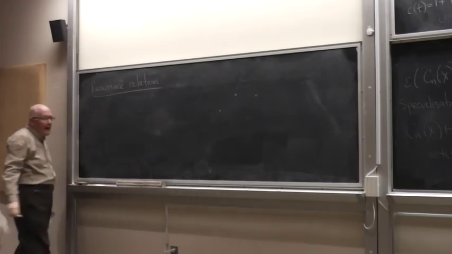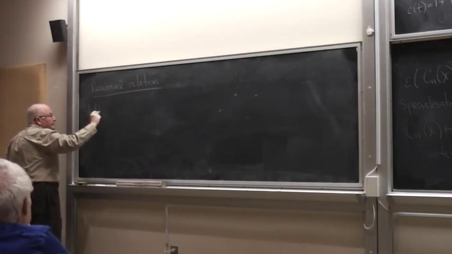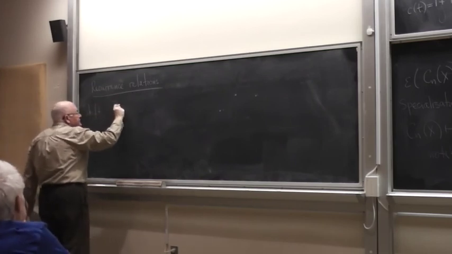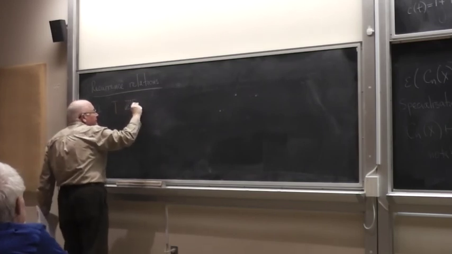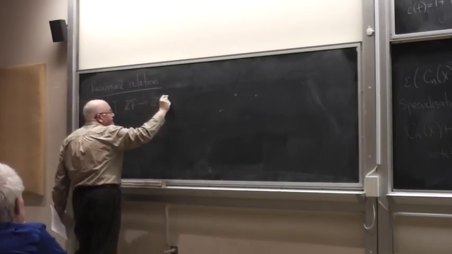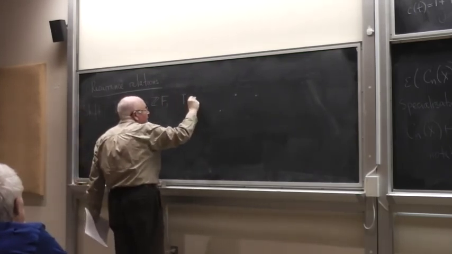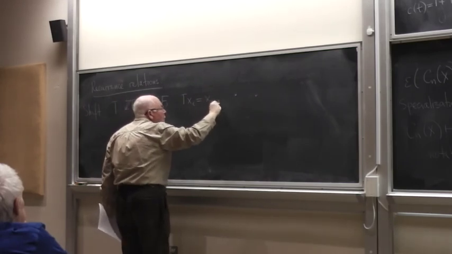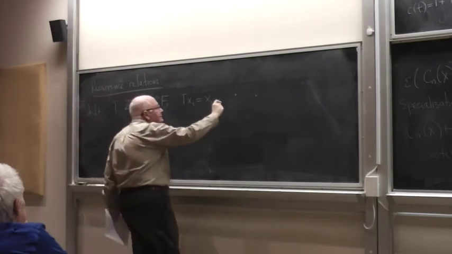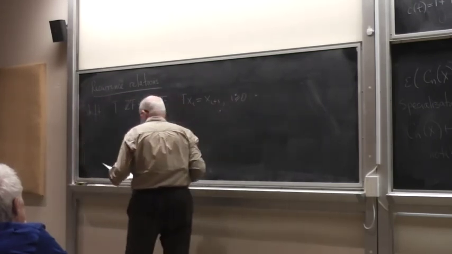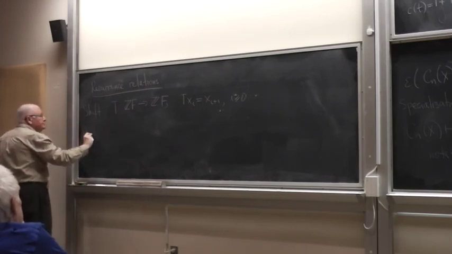So first of all, I need to define a shift. T from Z F to Z F is a map, and it's defined just by adding one more to this. Then the relation looks like this.